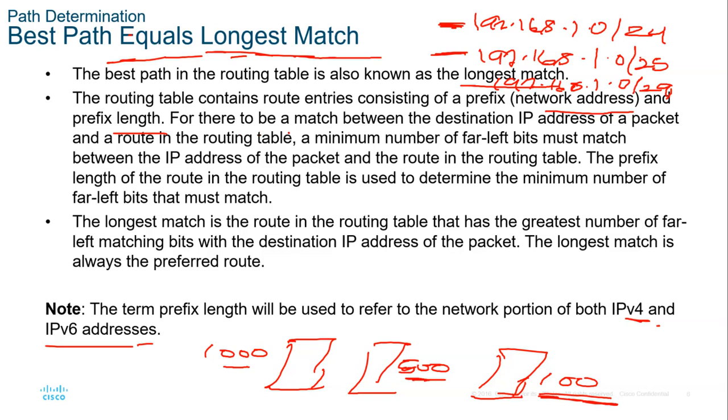For there to be a match between the destination IP address of the packet and a route in the routing table, a minimum number of far left bits must match between the IP address of the packet and the route in the routing table. Then the prefix length of the route in the routing table is used to determine the minimum number of far left bits.